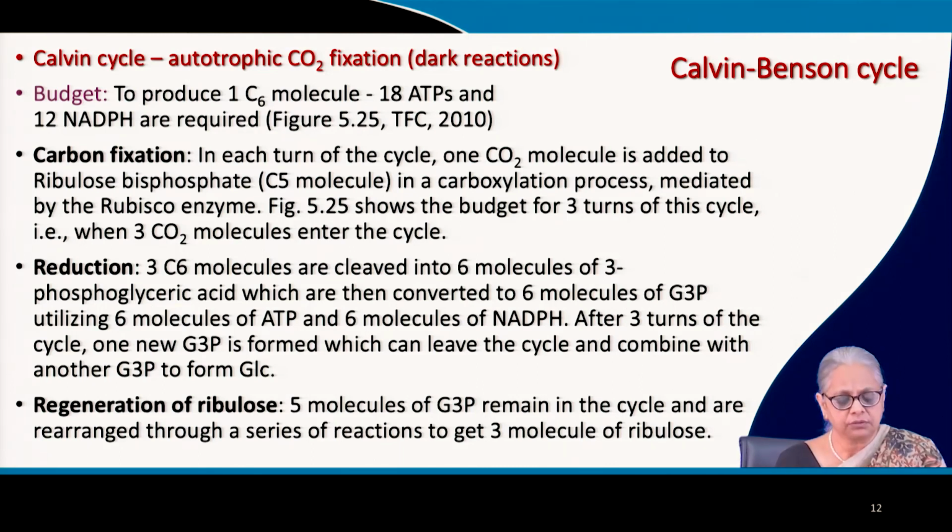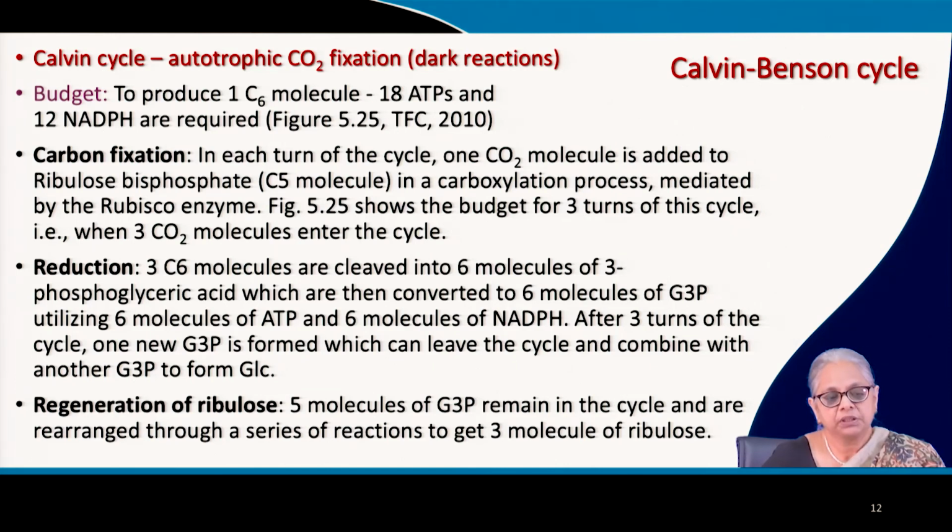So that's an example of how carbon dioxide is fixed by photosynthetic organisms. To produce one C6 molecule, 18 ATPs and 12 NADPH are utilized. We have three steps in the process: carbon fixation, reduction, and regeneration of ribulose.